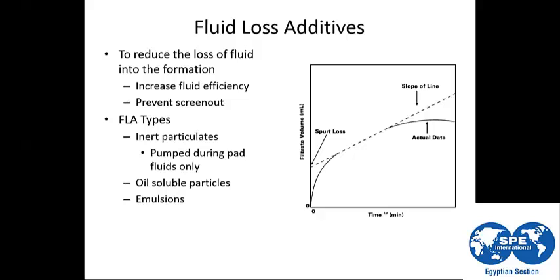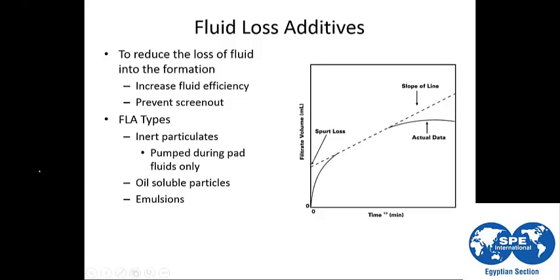Once they become in direct contact with oil, they will start to degrade and become soluble. So they will disappear, and you will gain higher remaining permeability. However, the inert particles will not be soluble in either water or oil, so they will remain there and will reduce the remaining permeability of your frac.